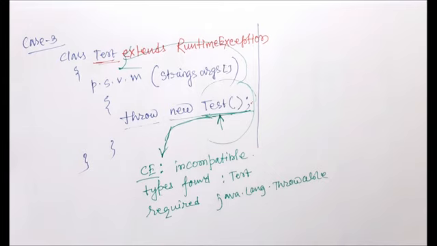Now I will not get a compile time error, because throw new Test is an exception class. But it will show what kind of error? Runtime error. The code is okay and compilation will be clear. During compilation there is no error, but there is an exception in thread main at Test.main.